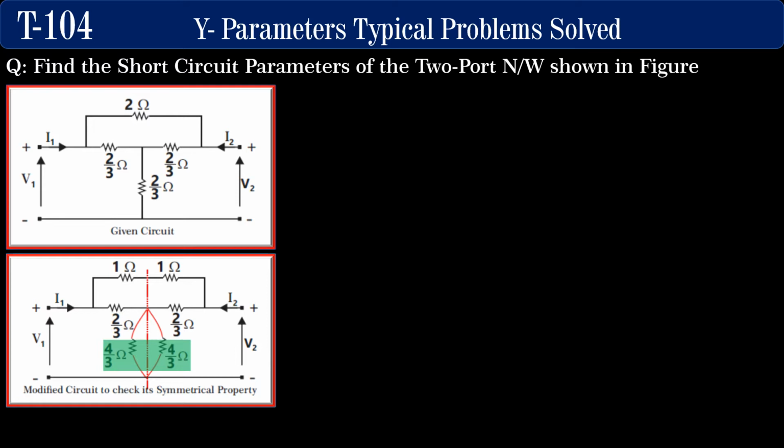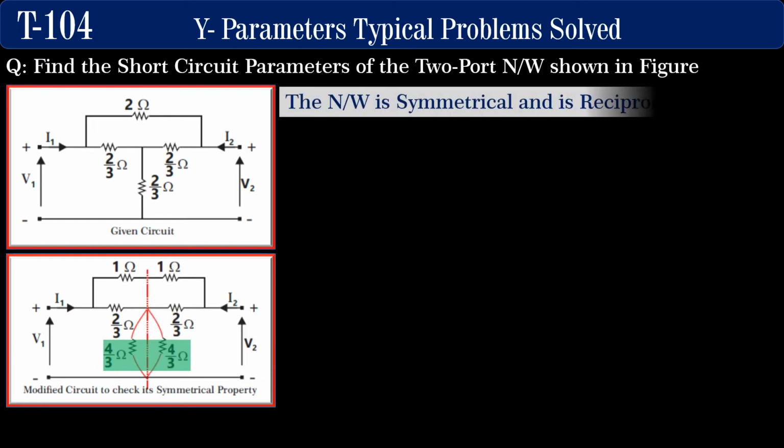Now, if you compare the left part of the circuit about the symmetrical axis which is shown in red with that of the right part of the circuit, you see that both the left and the right part have mirror symmetry, and hence we can conclude that the network is symmetrical and reciprocal too.